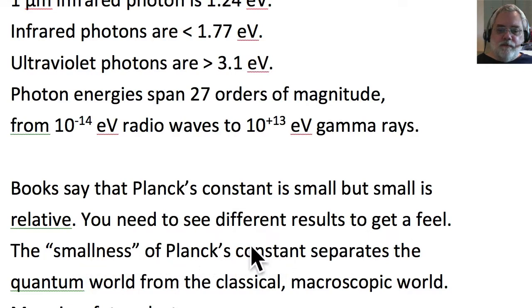The smallness of Planck's constant separates the quantum world from the classical macroscopic world. That's true, but what do we mean? Well, one thing that we kind of mean is the de Broglie wavelength.